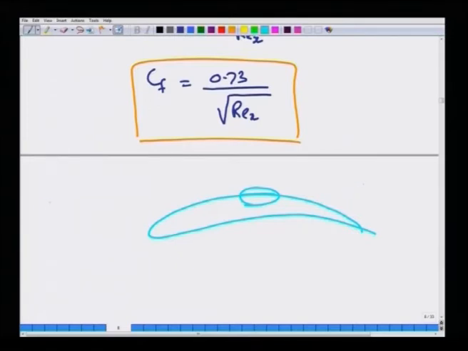Okay. So, remember that streamlined objects or streamlined shapes have no marked separation on the rear side of the object. So, you can calculate the entire drag force to a good approximation using only the skin drag.